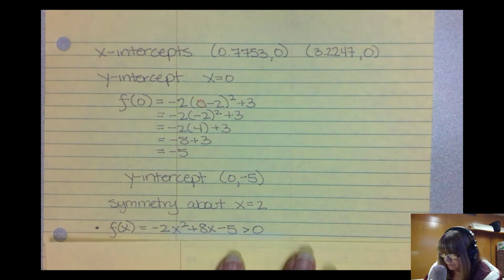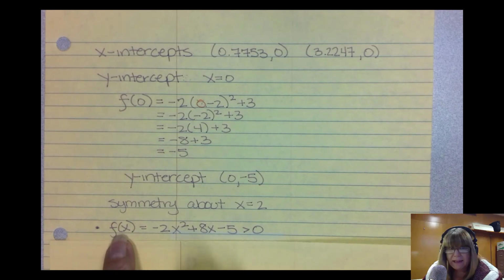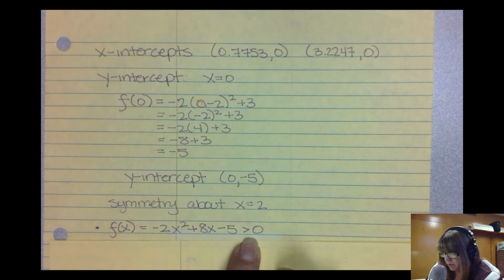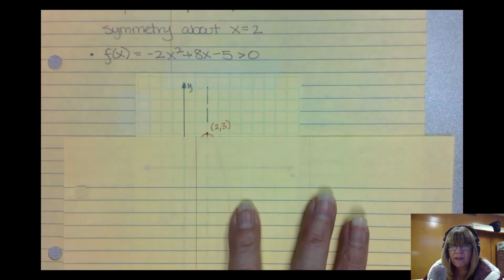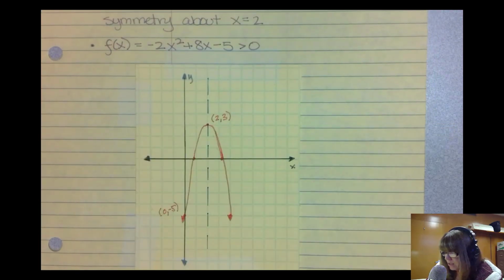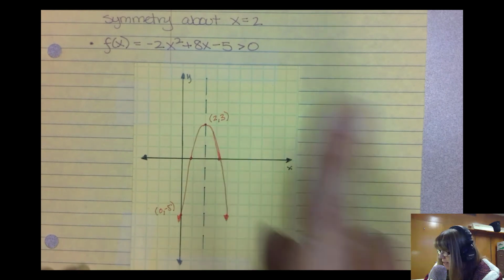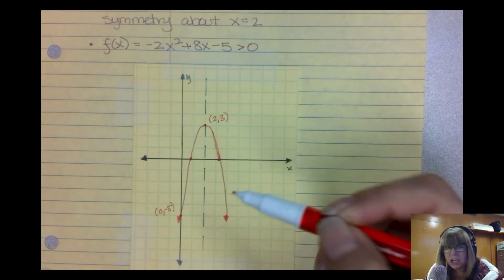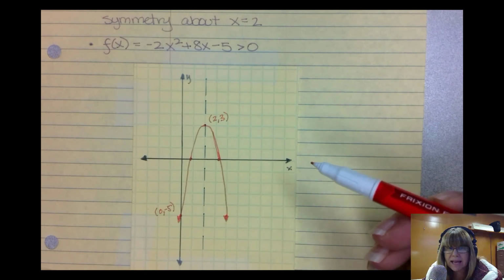Here we go. I know my f of x equals negative 2x squared plus 8x minus 5 must be greater than 0. That's what I'm trying to figure out. Now here's my graph. I've used my x-intercepts, my y-intercept, my line of symmetry, and my vertex. Now, I'm really looking to see where this function is above the x-axis.